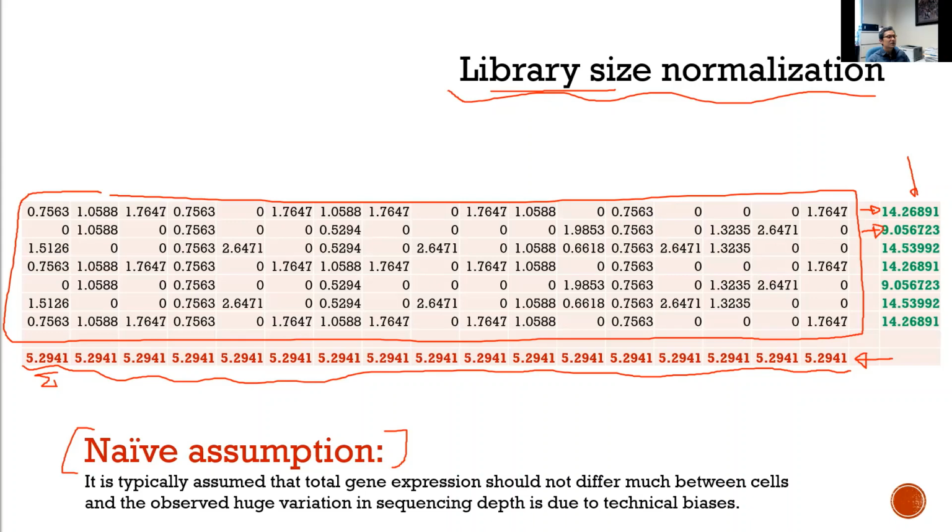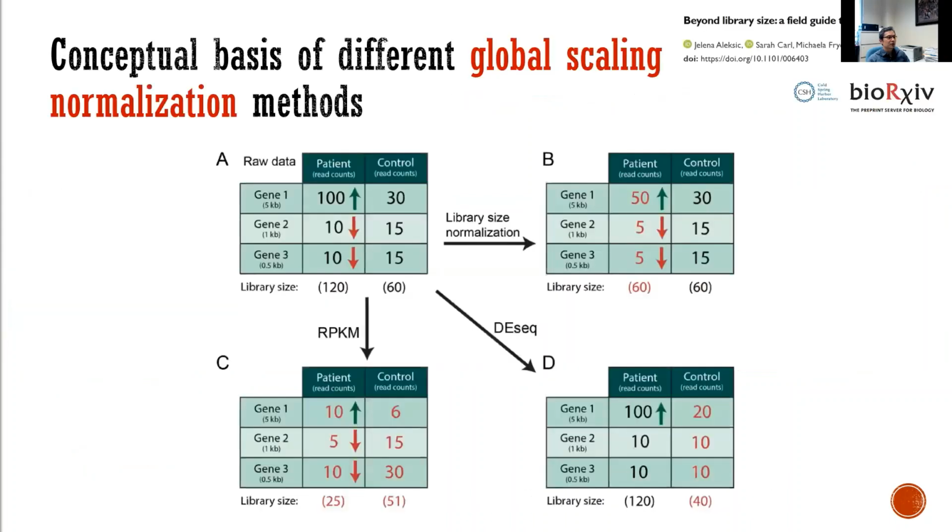Okay, so library size normalization is not something new. It has been used for normalizing bulk RNA-seq, the traditional RNA-seq data analysis. So I'm going to go through this paper mentioned.